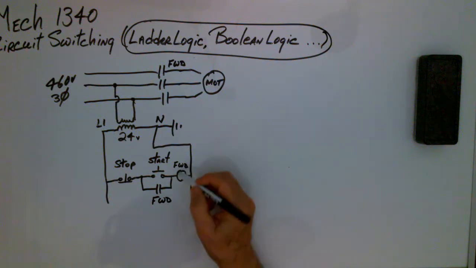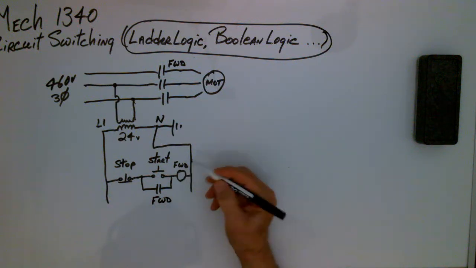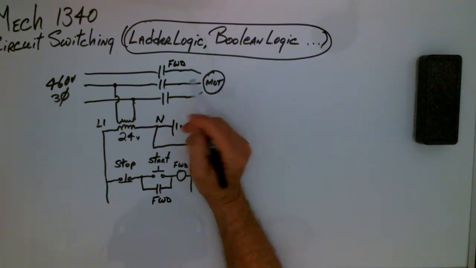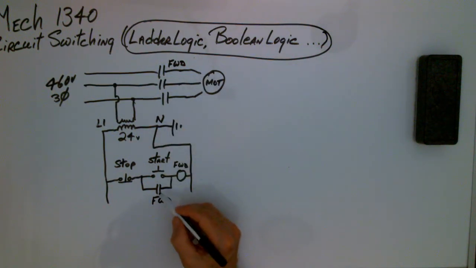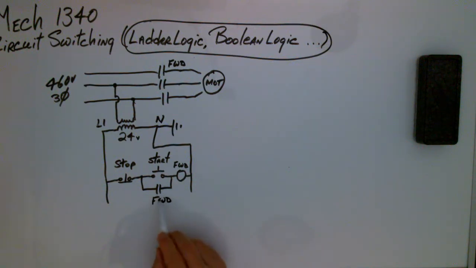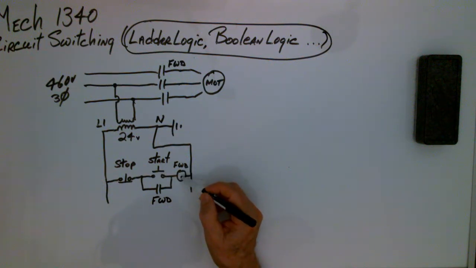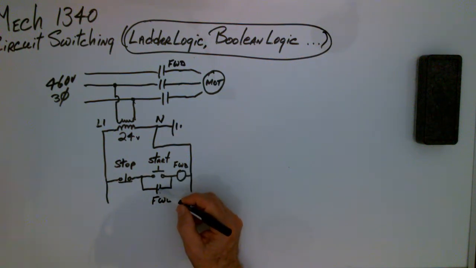So anytime this coil is energized, these three main contacts will be closed, and this latching contact or sealing contact will also be closed. Okay, now if you recall, the purpose of this contact right here is so that once I push this button, this coil energizes, this contact closes.